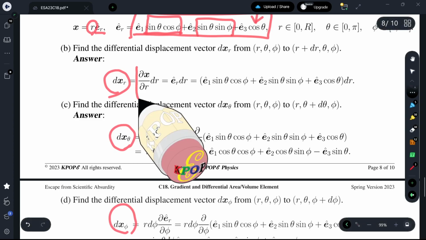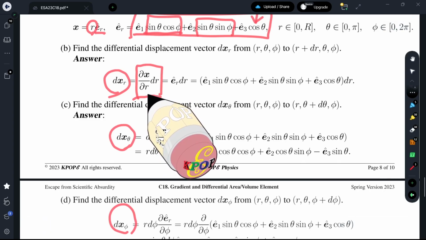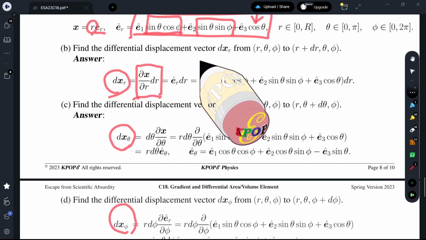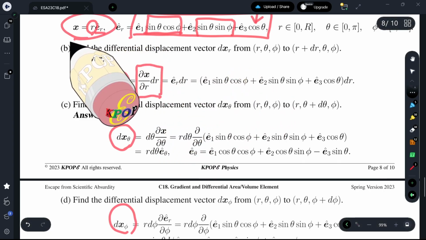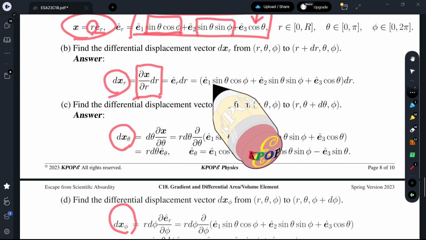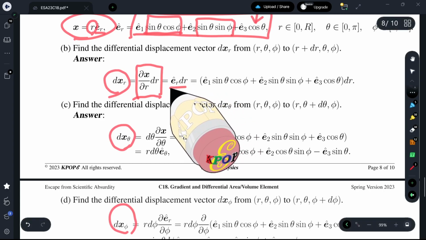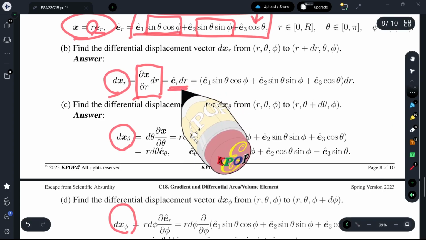Let's do it by varying the radius only, and we use this formula. We have this result.